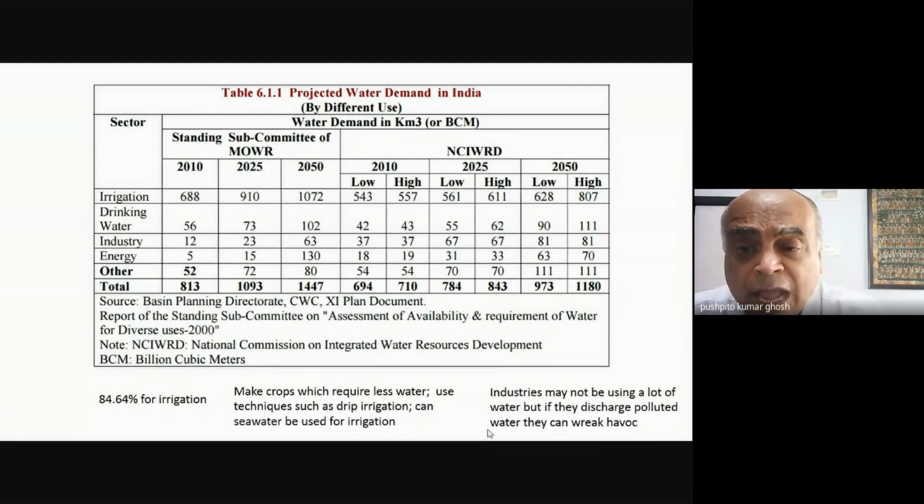So industries, don't get fooled by these small figures. These figures mean nothing. What about all the calamity that has been caused because of pollution? Many of the water sources which were once wonderful are no longer available. So I think you need to look at all of this.